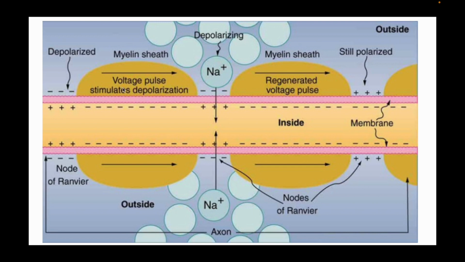But in the nerves that have myelin sheath, there is an electrical conductance, and to maintain the voltage, we have these nodes of Ranvier which depolarize and again maintain the voltage of the electrical signal that is being transmitted. So what we get is depolarizations at the nodes of Ranvier, which is called the saltatory conduction of the electrical signal.